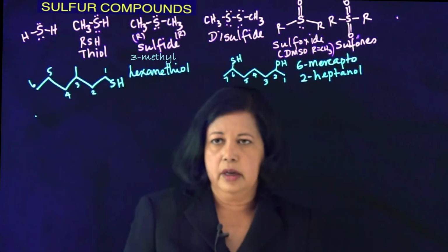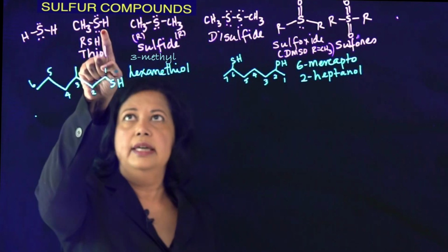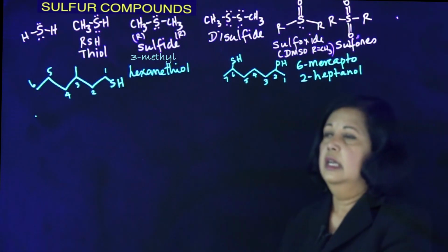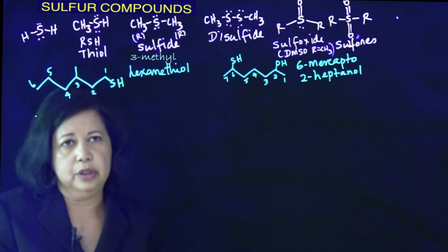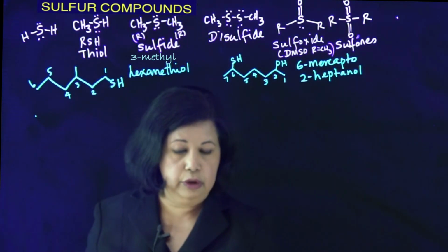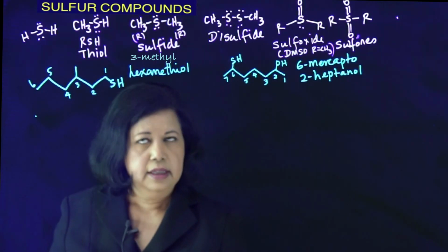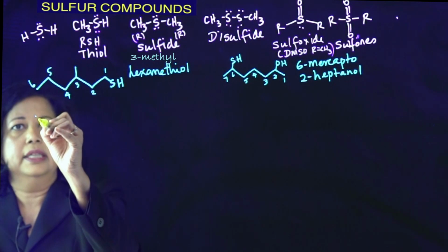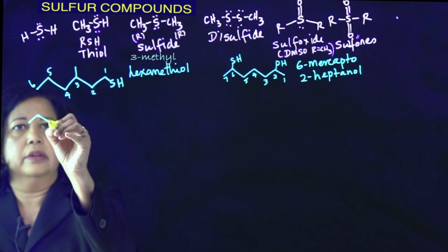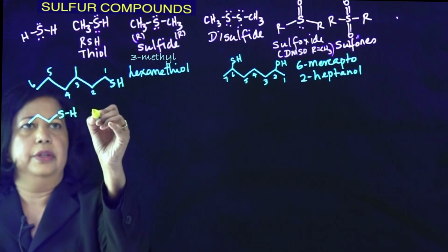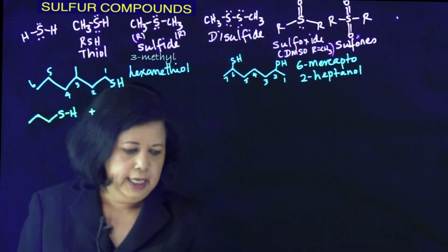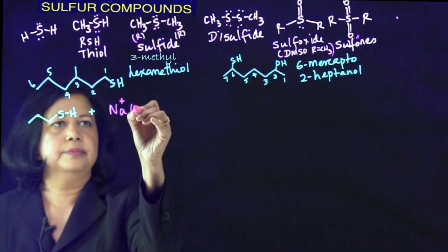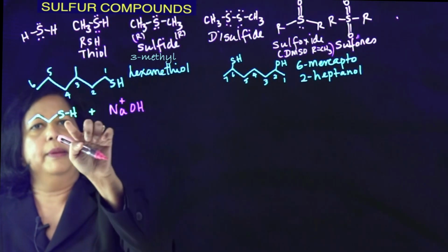So thiols have this sulfur, and sulfur we learned when we did SN2 reactions. We said that was one of the best nucleophiles. So how do we make a nucleophile out of that? If it's neutral, then it's not that hot. If you want to make it really a good nucleophile, you can take your thiol, or whatever R group here, SH, and you can put sodium hydroxide, and you can make that into an anion, because the OH is a lot more basic.